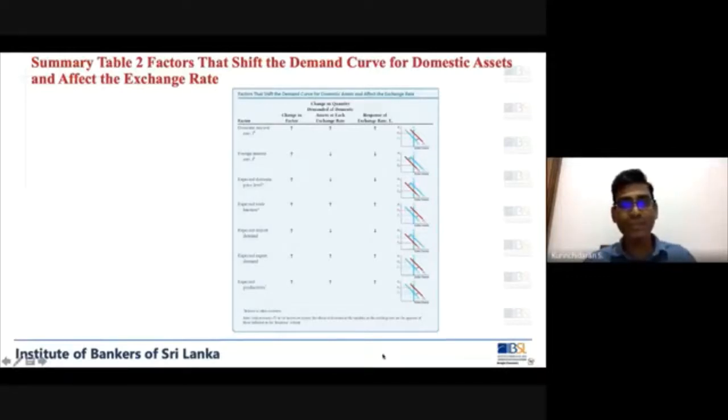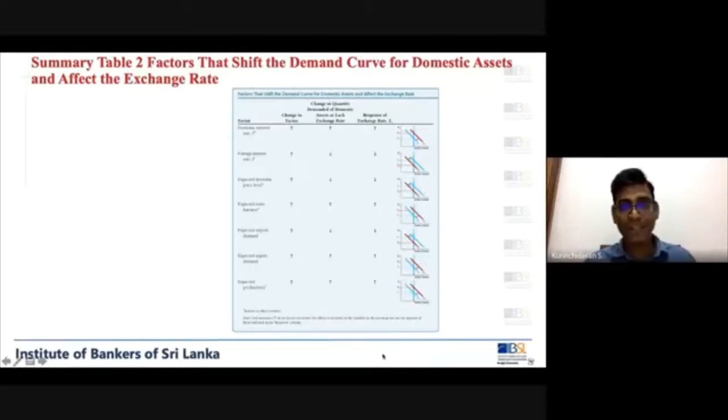Let's see what will happen. Your real return is going to be less. Can you remember the Fisher effect we studied, right? So when the price level increases, your real return is going to be less.